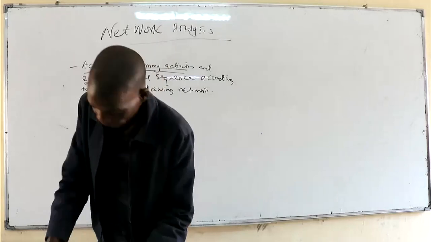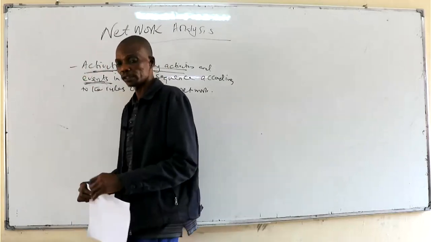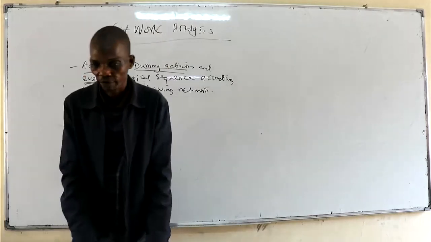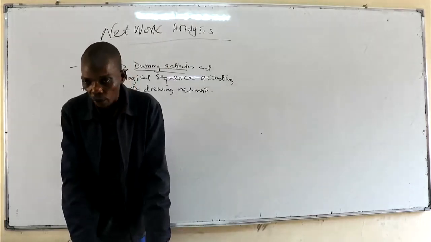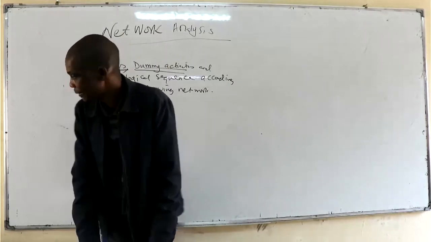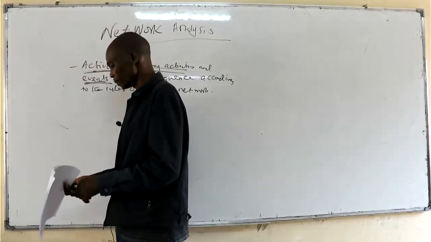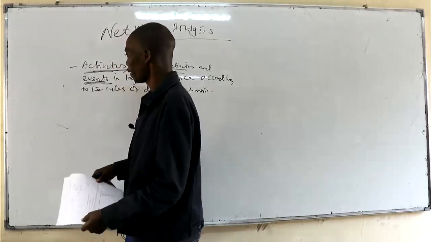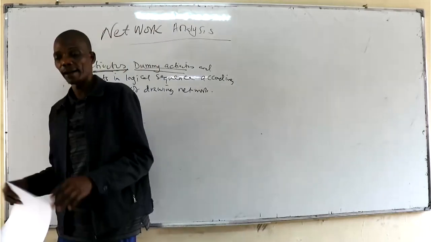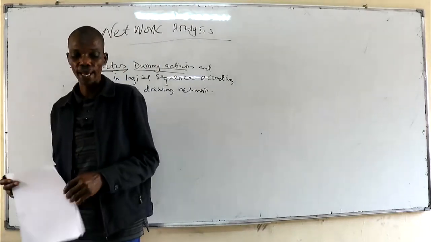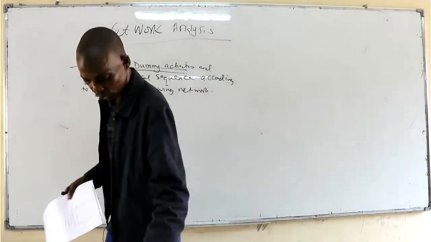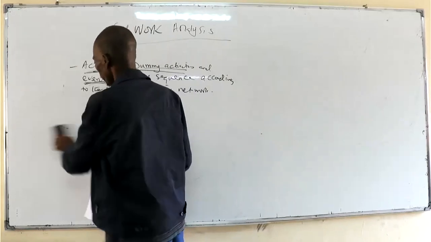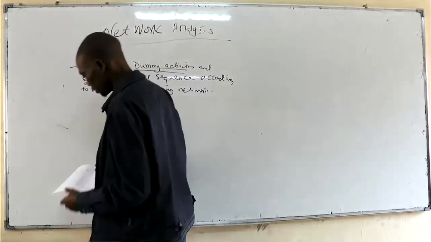Those tasks that are consuming time and resources are what we have said are referred to as activities. And those activities, as I've said, are indicated by arrows. The tail of the arrow indicates when the activity is starting, and the head of the arrow indicates when the activity is ending. The arrows move from left to right, and they are not drawn to scale. So it is upon the candidate, the student, to determine the appropriate length of the arrow in the given situation. So that's that.